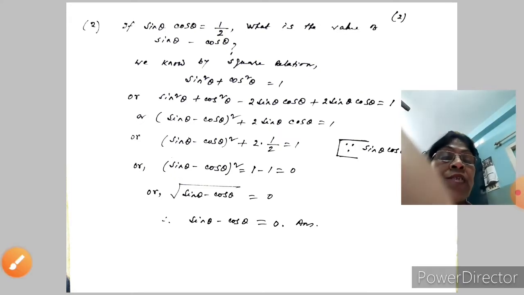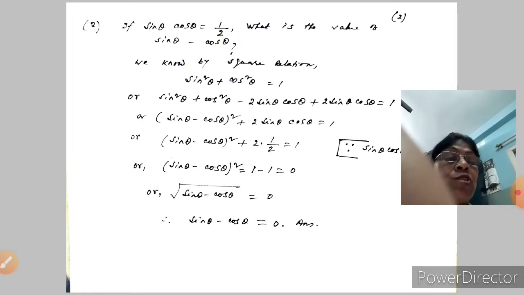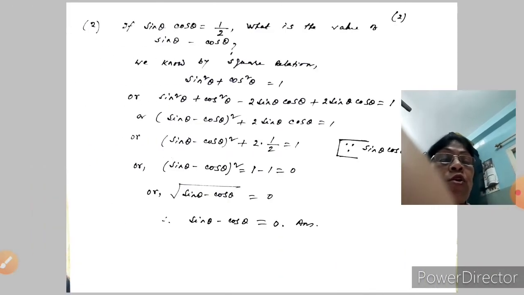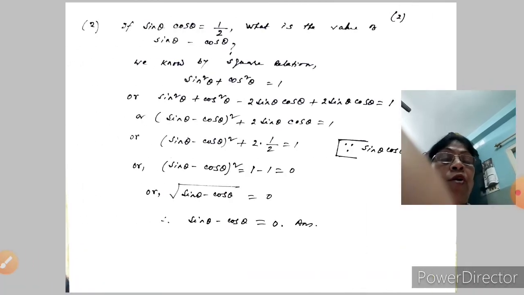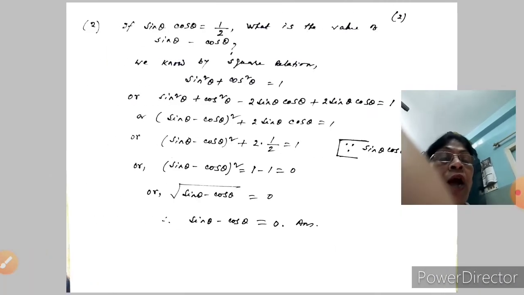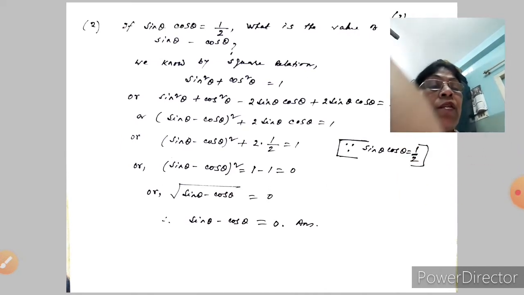So, taking sin square theta plus cos square theta minus 2 sin theta cos theta, we may write (sin theta minus cos theta) whole square plus 2 sin theta cos theta is equal to 1. So, (sin theta minus cos theta) square plus 2 into half is equal to 1, because sin theta cos theta is equal to half, already given.